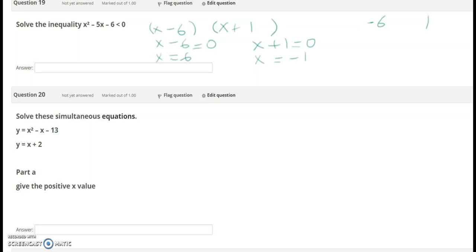But these are what we call the critical values in this case, because of course this expression is not equal to 0, but it's smaller than 0. So quickly we'll sketch this, and we've got x equals 6 and x equals -1.